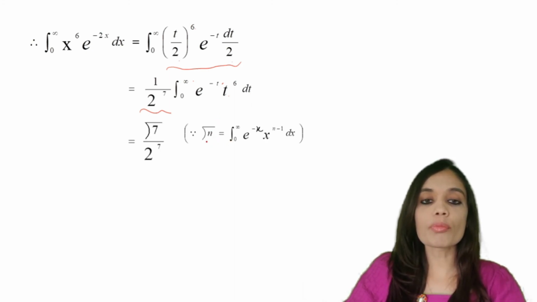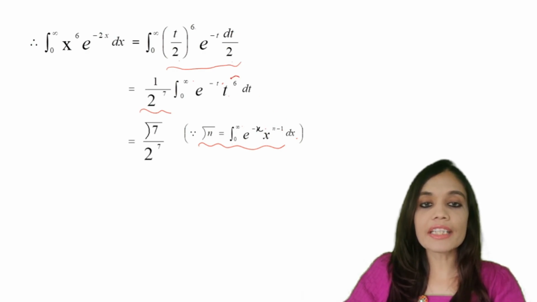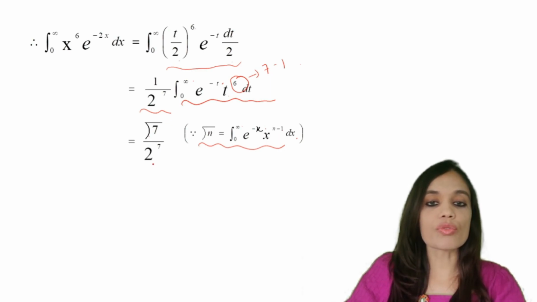Now we know the formula of gamma n, that is equal to integration 0 to infinity e raised to minus x, x raised to n minus 1 dx. So we will write this in the form of 7 minus 1. This whole term will be gamma 7 upon 2 raised to 7.